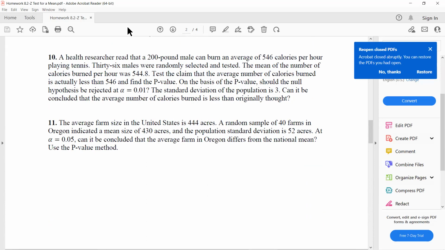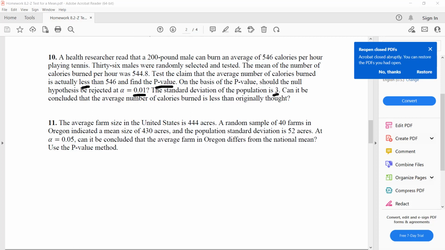Test the claim that the average number of calories burned is actually less than 546, and find the p-value. Okay, so we're doing p-value. And our alpha is, there's my alpha. Remember, my alpha will always be given, 0.01. And the standard deviation is 3 here.